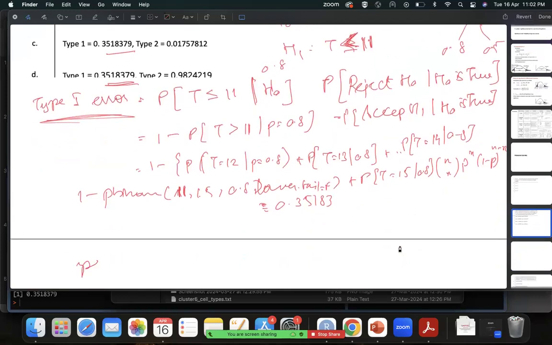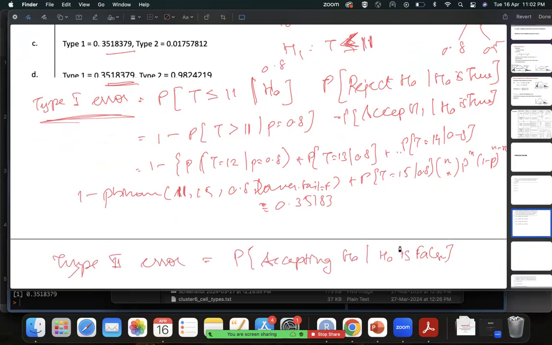So type 2 error would be the probability of accepting H naught given H naught is false.